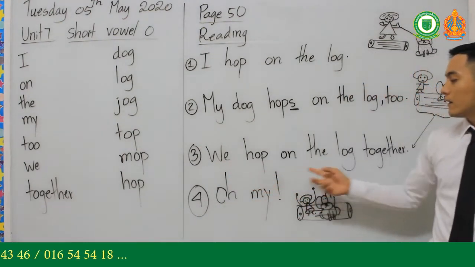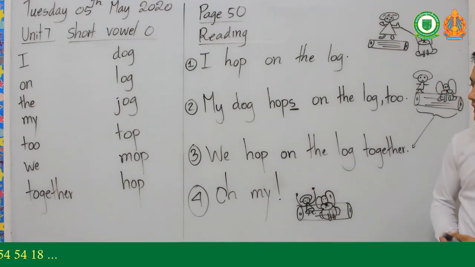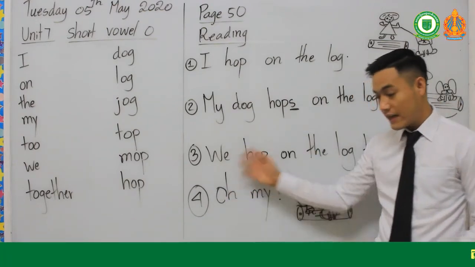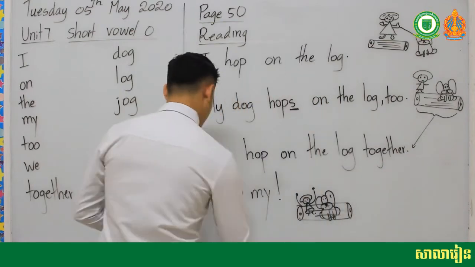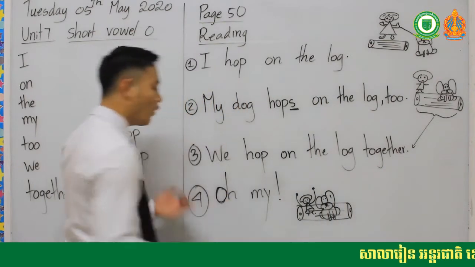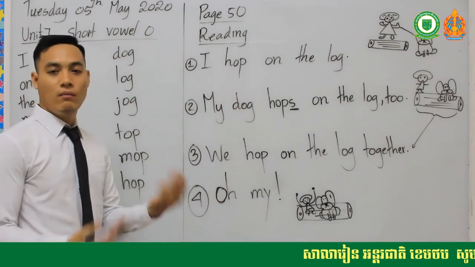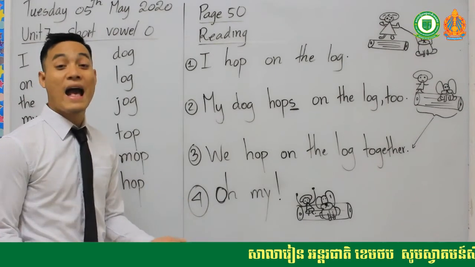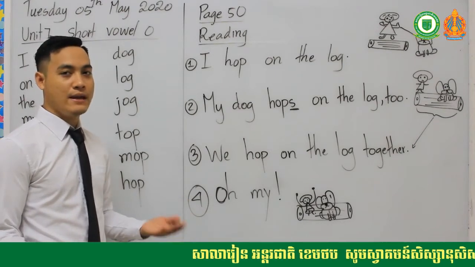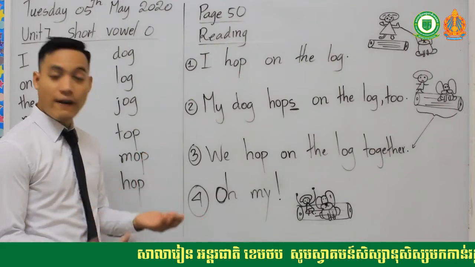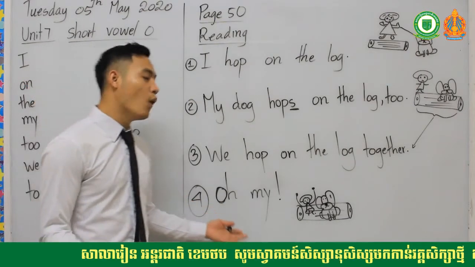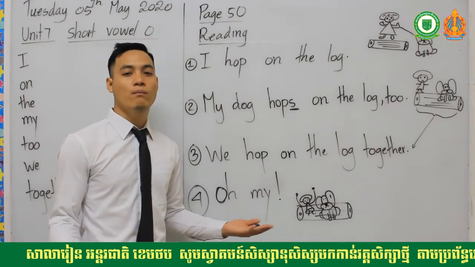We hop on the log together. And the last sentence, they are so happy, and then the girl says, oh my, meaning, oh, I'm so happy, it's fantastic, it's wonderful. That's why the girl says, oh my.